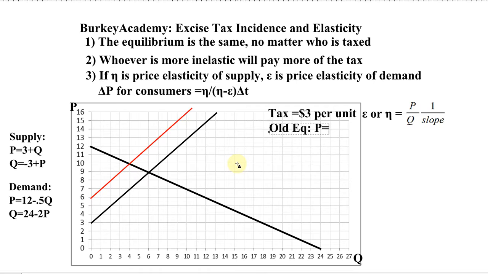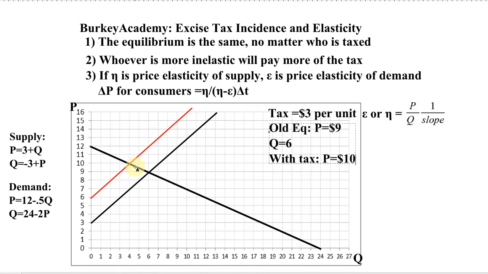So price is $9 and quantity equaled 6 units. Okay? Now we're going to look at this new equilibrium. The new equilibrium, the price paid in the market for this product, is going to be $10. So with the tax, the price is going to equal $10.